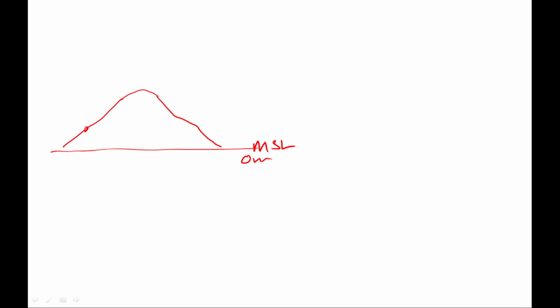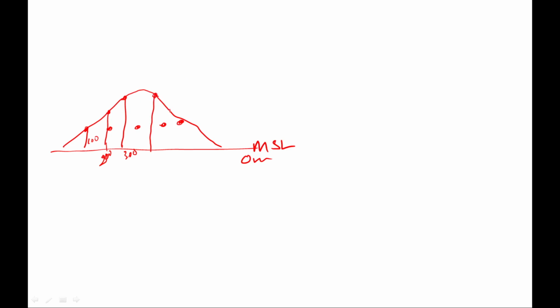Let's say there are points which are 100 meters, another 100 meter point, and another 100 meter point. This height is 100 meters. Suppose there are points here at 200 meters, then points here which are 300 meters, and here another point which is 300 meters.